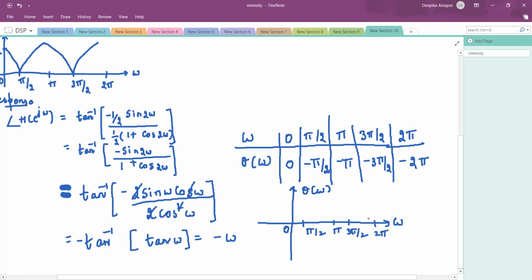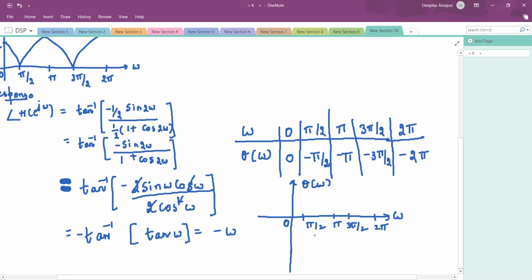On the y-axis the same values can be taken, but since we have got minus, I'm taking this side: minus pi by 2, minus pi, minus 3 pi by 2. Like this you can proceed and plot it.